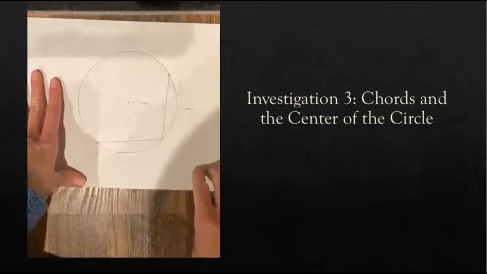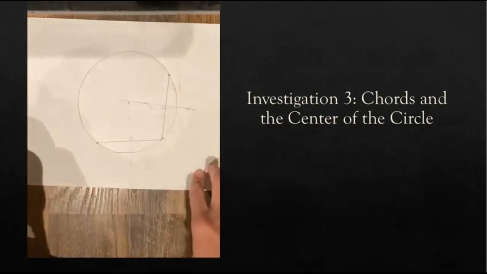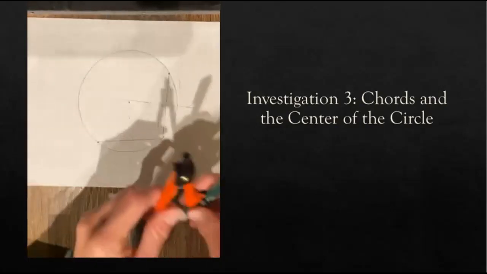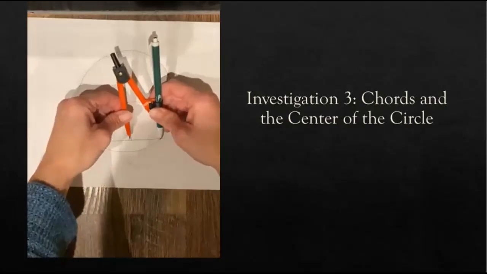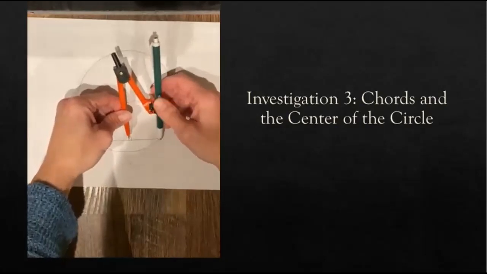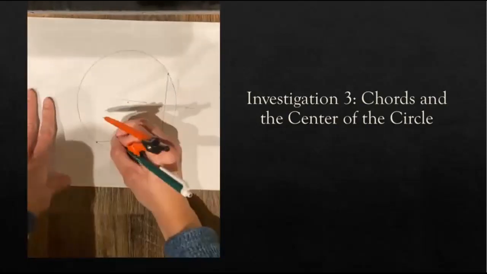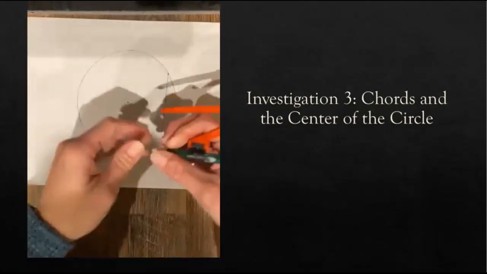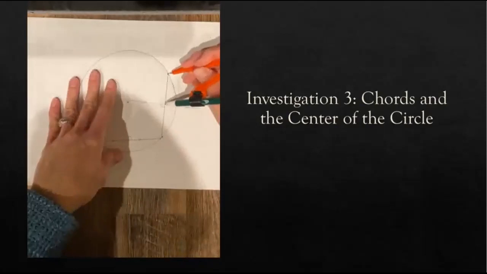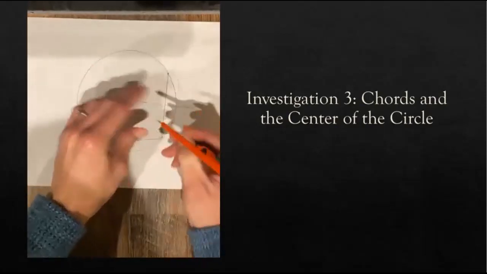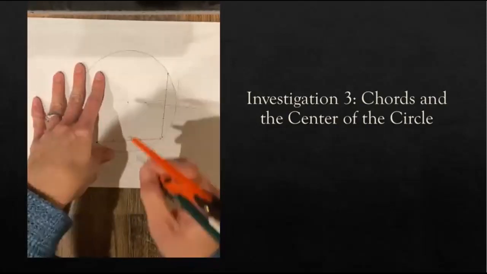Now the last thing I'm going to do is compare the distances from the chord to the center along that perpendicular. Oh, I'm going to check. These are perpendicular bisectors. It divides that chord in half. So the perpendicular that goes through the center is the perpendicular bisector.